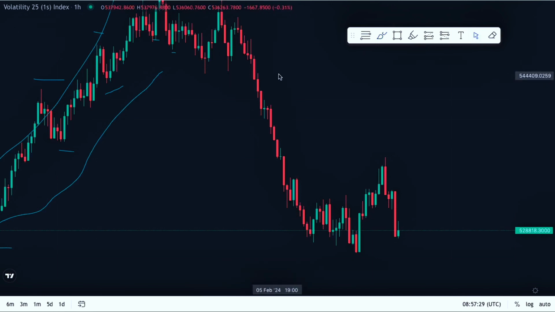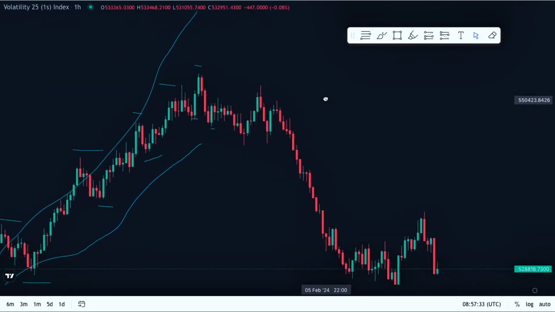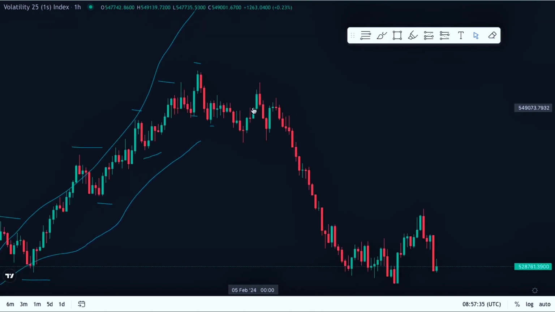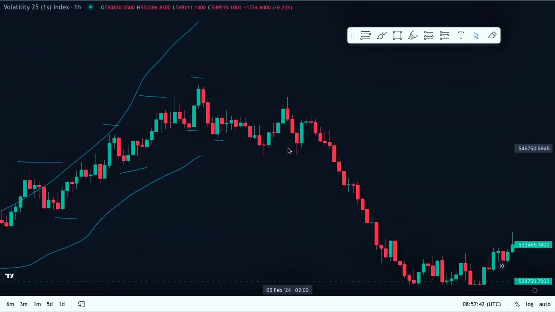using our strategy, which is kind of associated with SMC. Okay, so what we are looking at here is we are looking at this market structure, trying to find an entry based on the last order block that was created.